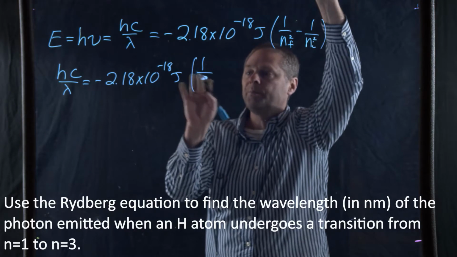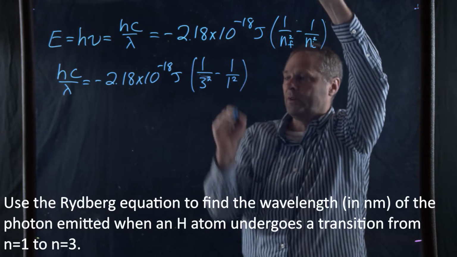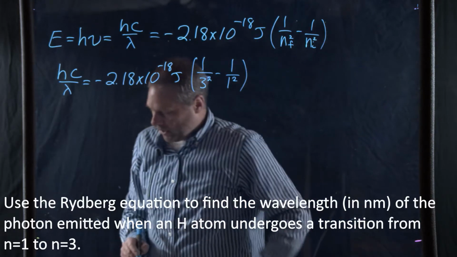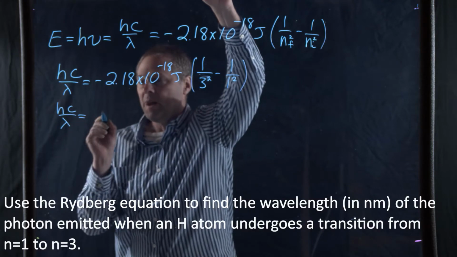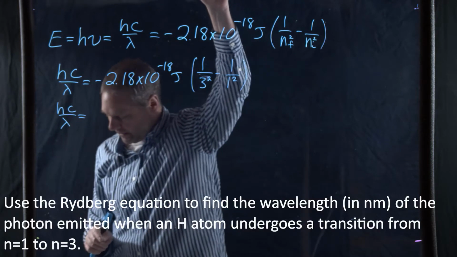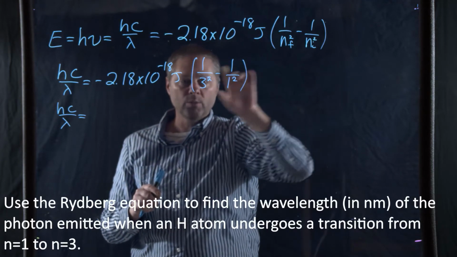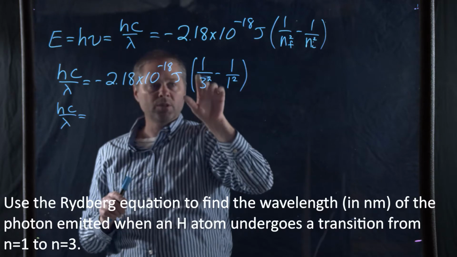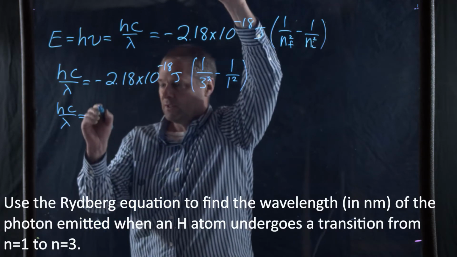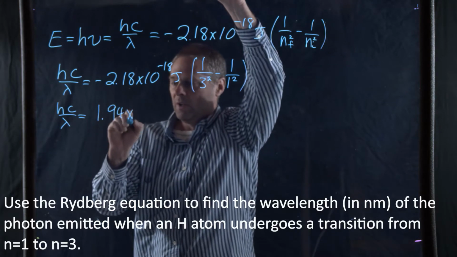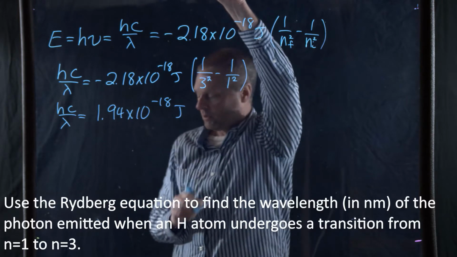We do this arithmetic, and this is 1 over 9 minus 1, which is going to give us a negative number, so we end up with a positive. So this now is 1.94 times 10 to the negative 18th joules.